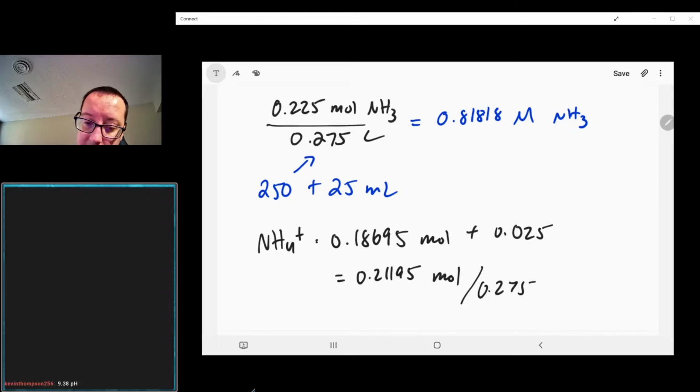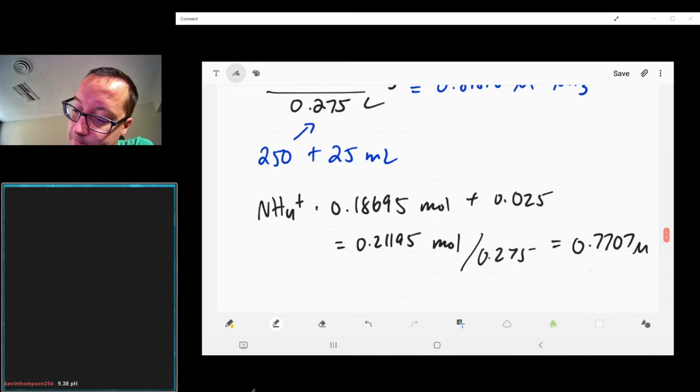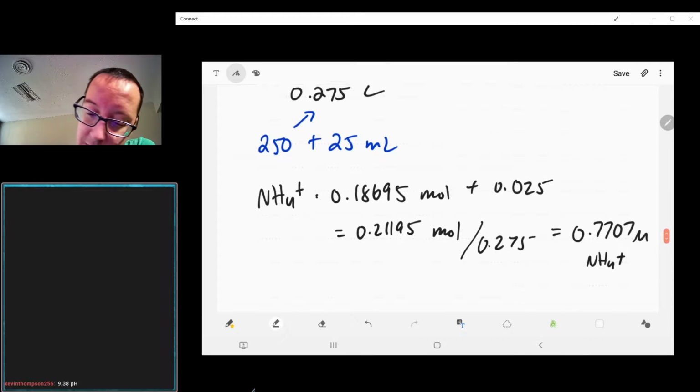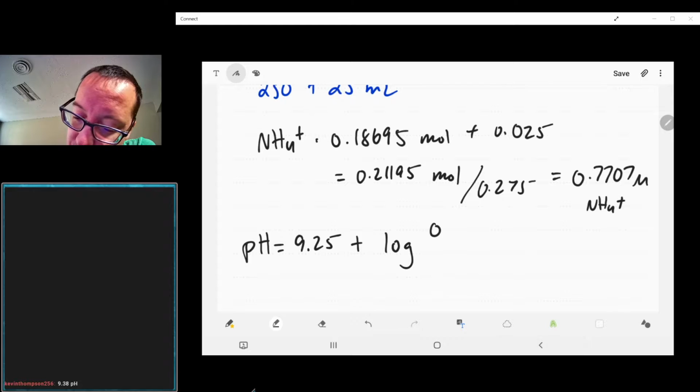And so doing so, we get 0.7707 molar. Now we can go ahead and throw in our Henderson-Hasselbalch equation. So the pH will be 9.25, pKa same from before, plus log of 0.8181 over 0.7707.